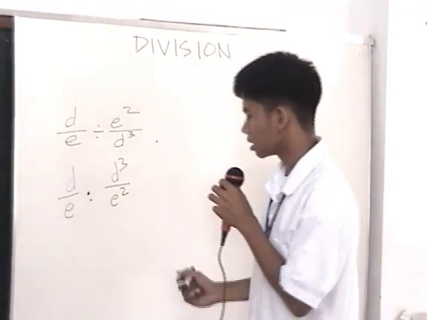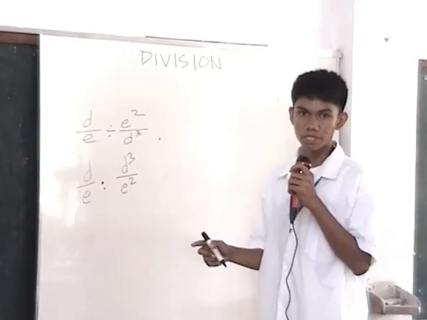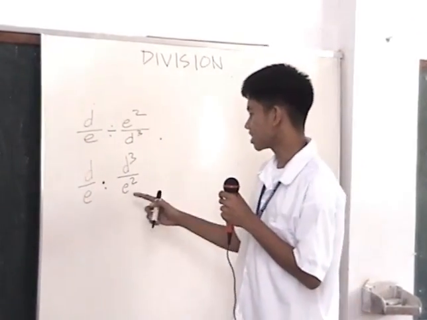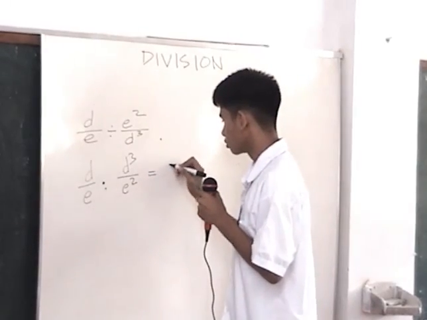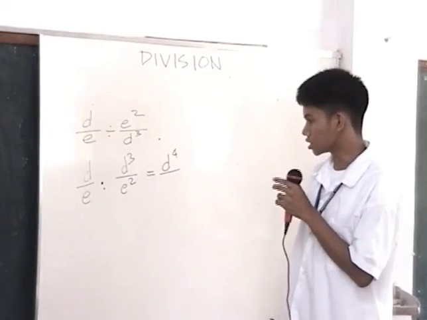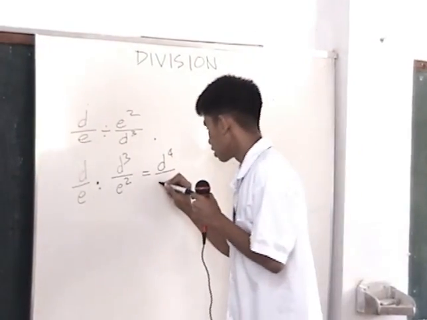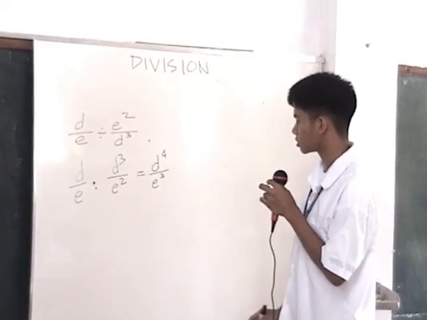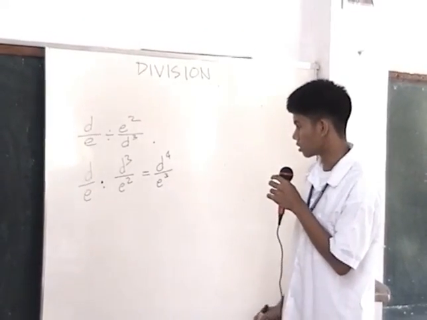We simply multiply numerator by numerator and denominator by denominator. d times d cubed is equal to d to the 4th power, and e times e squared is equal to e cubed. The answer to this rational expression is d to the 4th over e cubed.